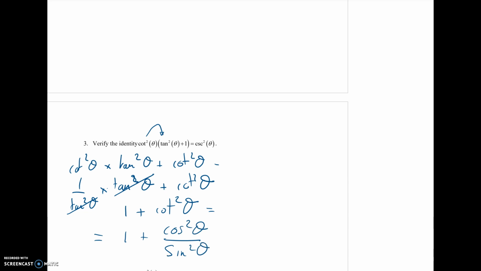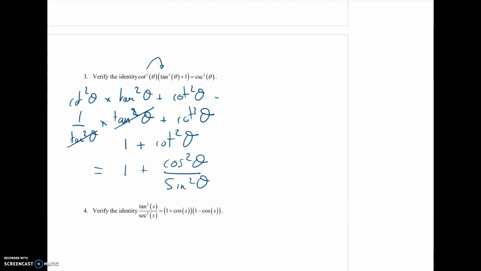I don't have the same denominator, so I must multiply top and bottom by the LCD, the number 1. The LCD being sine squared, I need to multiply by sine squared of the angle and divide by sine squared of the angle, which gives me 1. At the end of the day, I end up with sine squared of the angle theta plus cosine squared of the angle theta over sine squared of the angle theta.